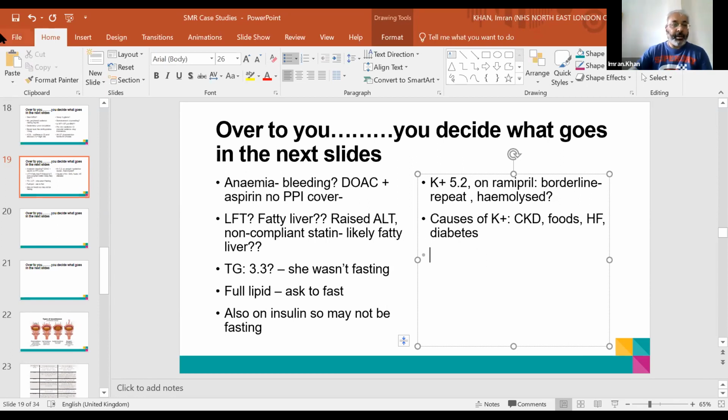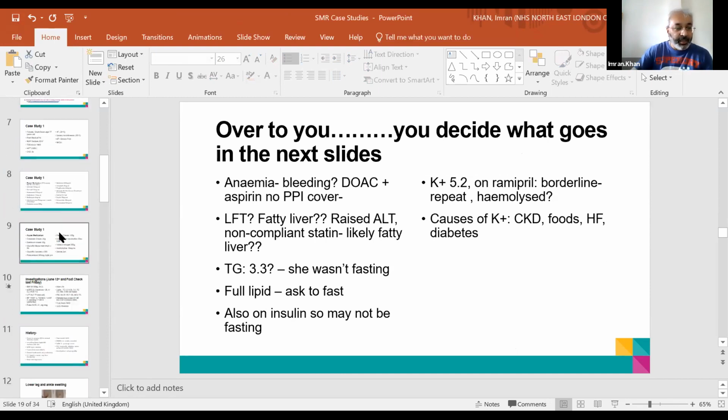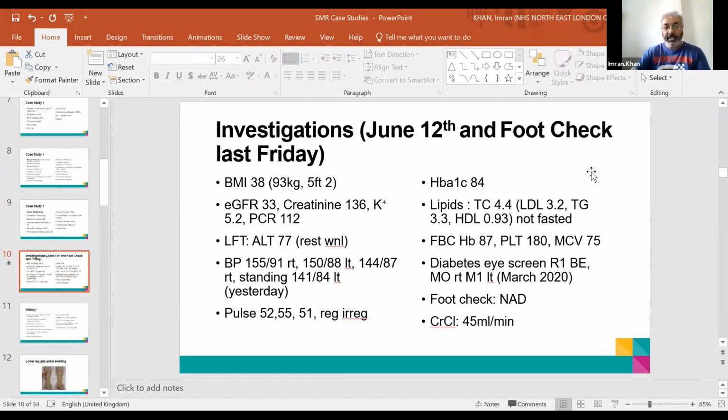Okay, right. I'm going to go back then. I've put all your suggestions in, which are excellent, by the way. So let's go back to the investigations and have a little discussion. Things that we haven't talked about: PCR, protein creatinine ratio of 112, which means she's leaking a lot of protein. eGFR is 33.